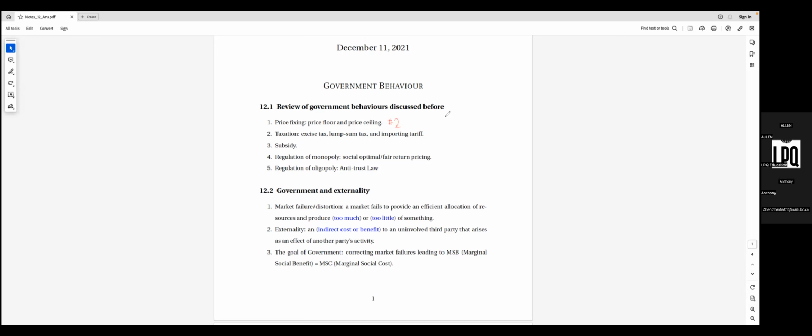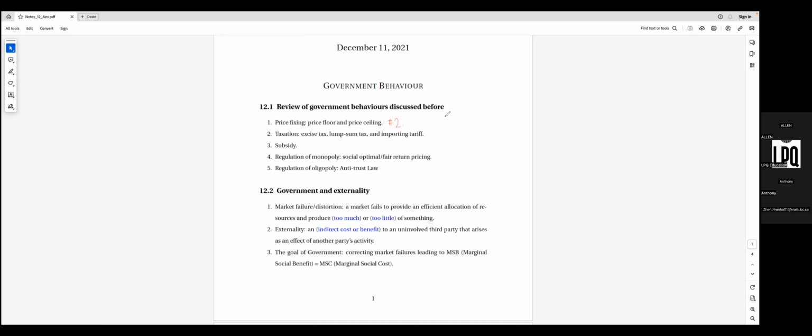To be more specific, we learned 2 different things. The first one is called price floor. Why do you, as a government, set a price floor policy? You want to increase the price, for whatever the reason. We don't need to care about what those reasons are.